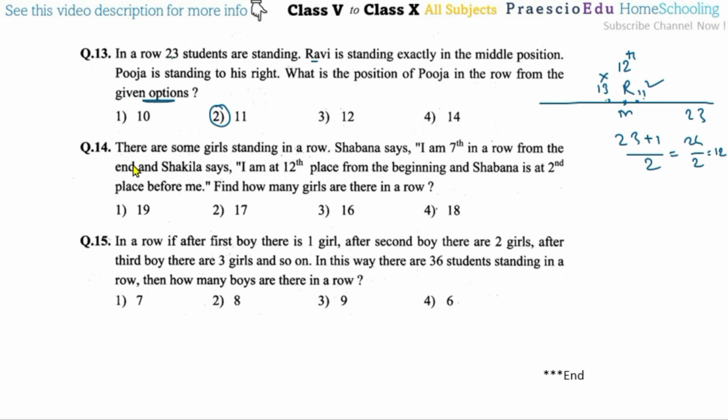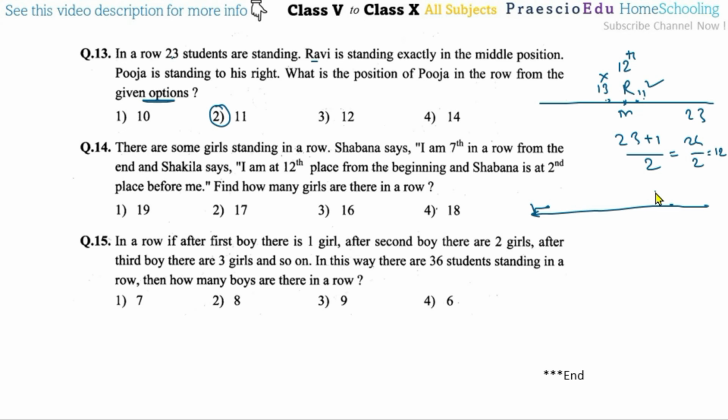Now question number 14. There are some girls standing in a row. Shabana says, I am 7th in the row from the end. So suppose this is a row and 7th place from the end. So suppose this is a position from the starting, okay. So from the end 7th place, okay.